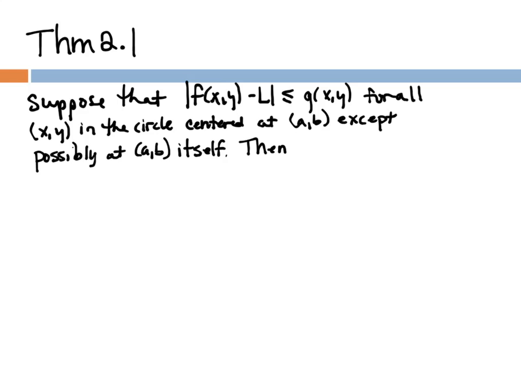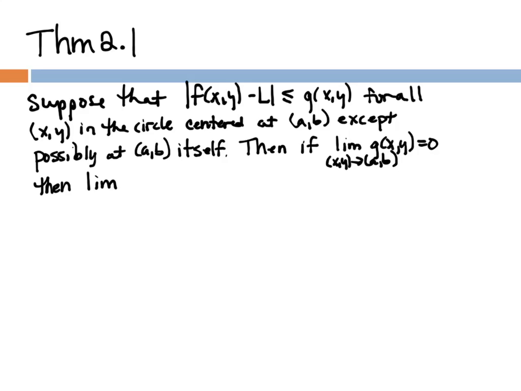Then, if the limit of g(x,y) equals 0, all right, let's be clean, as (x,y) is approaching (a,b). I don't have that in my notes, but I should have it on your screen. All right.